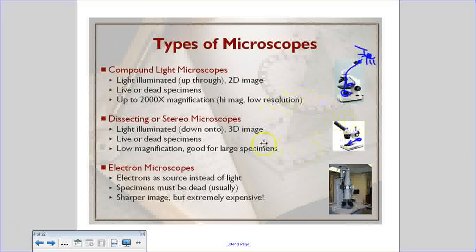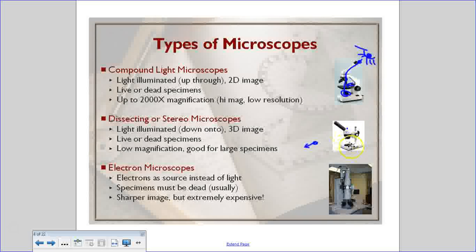Okay. The second type looks like this, most of them. It's called a dissecting or stereo microscope. Basically, the light shines down onto your specimen. The specimen is down here, so maybe you're dissecting a worm, or you're looking at a butterfly, or you're watching as something alive is moving around in a little tray.